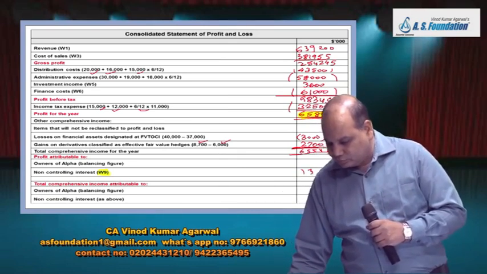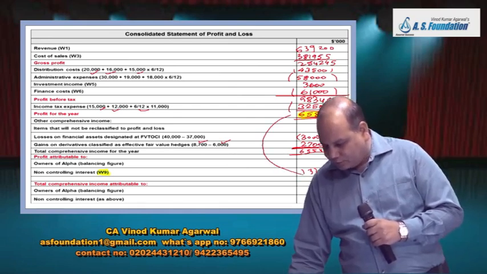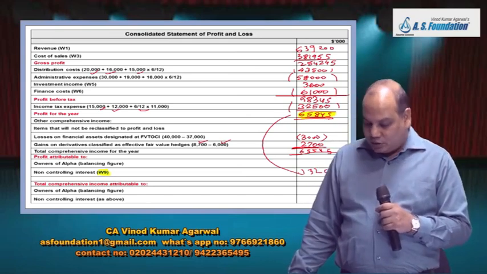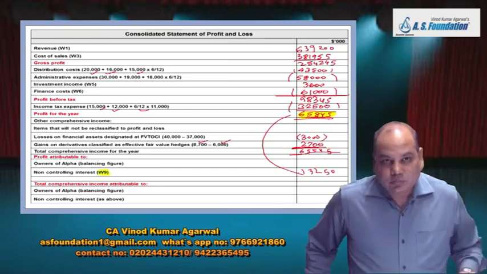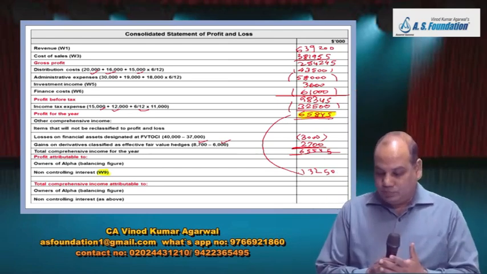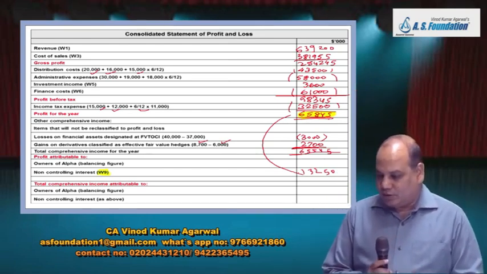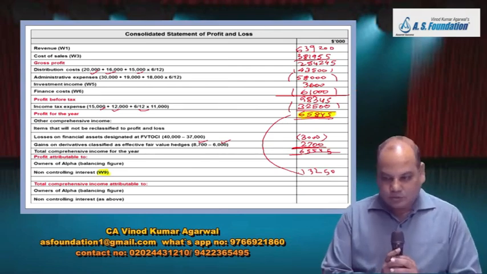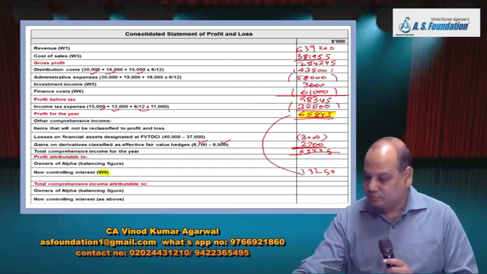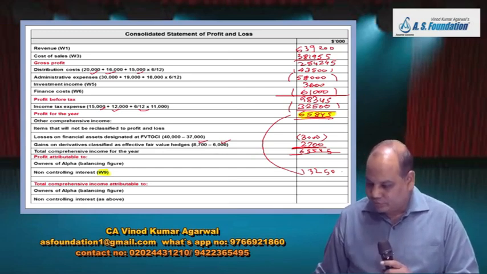So what you do, take 65,845 minus 13,250 will give you owners of alpha share in the group profit. Anybody wants to volunteer an answer? 52,595. Very good.